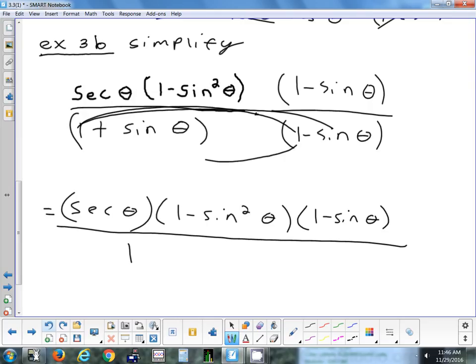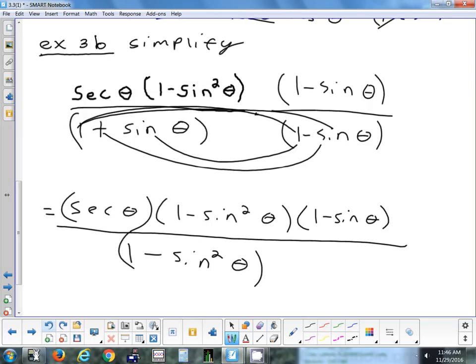And then 1 times positive sine? So I don't need to write that. Whenever you multiply conjugates, don't worry about the outer and the inner. They're just going to cancel. And then what's positive times a negative? Negative. And what's sine times sine? Sine squared.